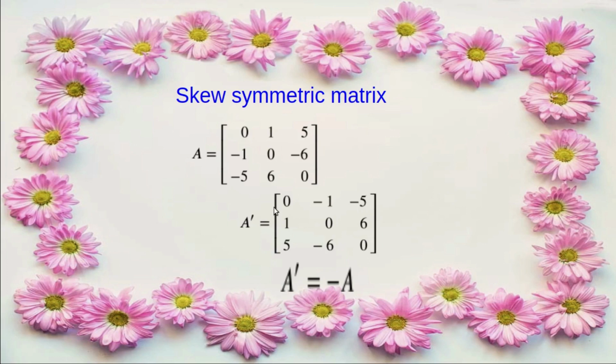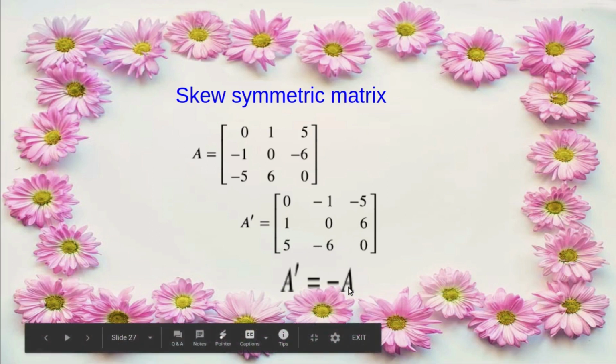Write first row as first column, second row as second column, third row as third column. Now taking a minus sign outside, we get minus the matrix 0, 1, 5, minus 1, 0, minus 6, minus 5, 6, 0. So that is equal to minus A. So in this case A transpose equals minus A.